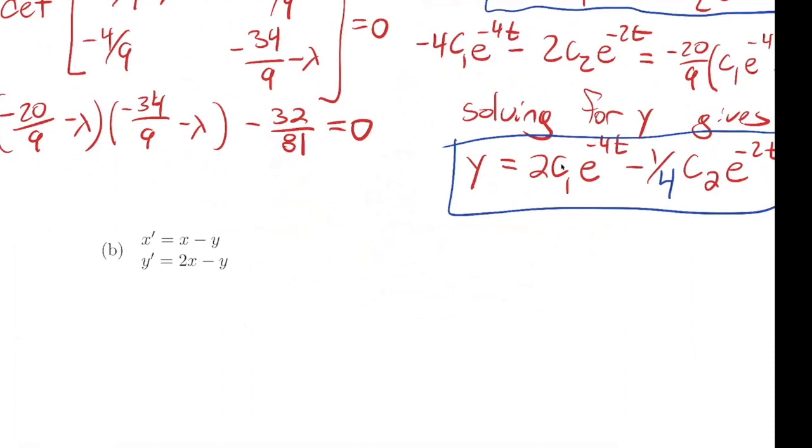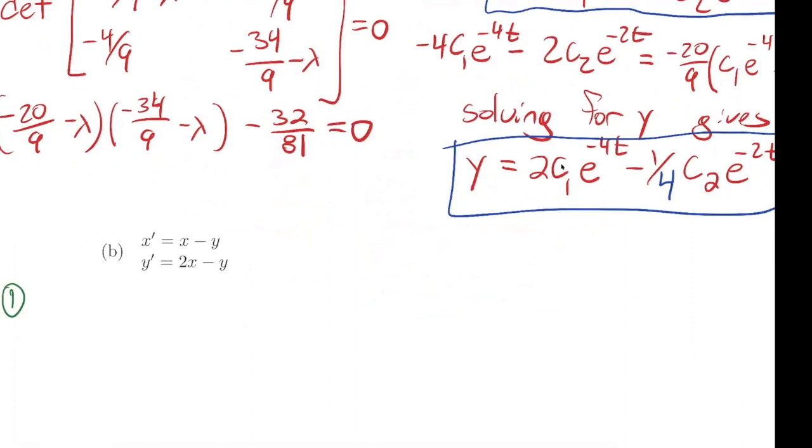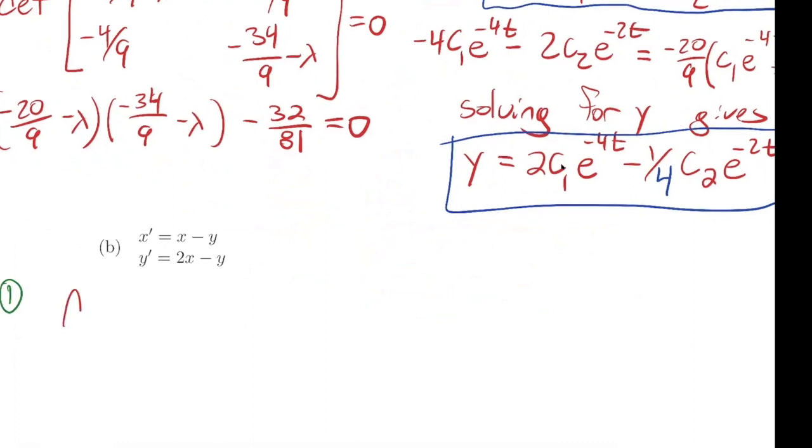So step one, and the stuff in green you don't need to write, you don't need to indicate all of the steps, but we would set up this matrix: 1, minus 1, 2, minus 1. We'd like to know what matrix you're using.